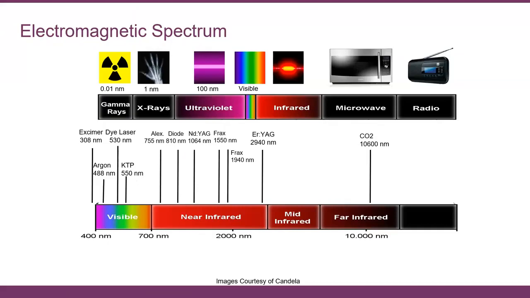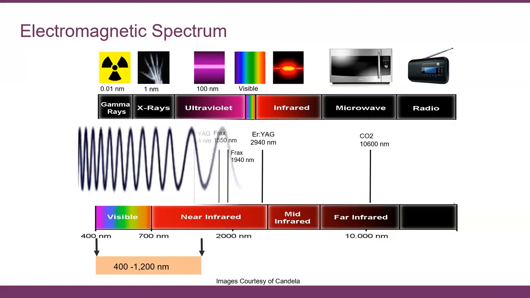Here's a set of different lasers that are commonly used within aesthetics. Not all of them are used for vascular conditions, but I'll go through the vascular lasers in a moment. Generally, IPL systems will be somewhere in the region of 400 nanometers up to approximately 1200 nanometers, a broad spectrum of light being delivered.